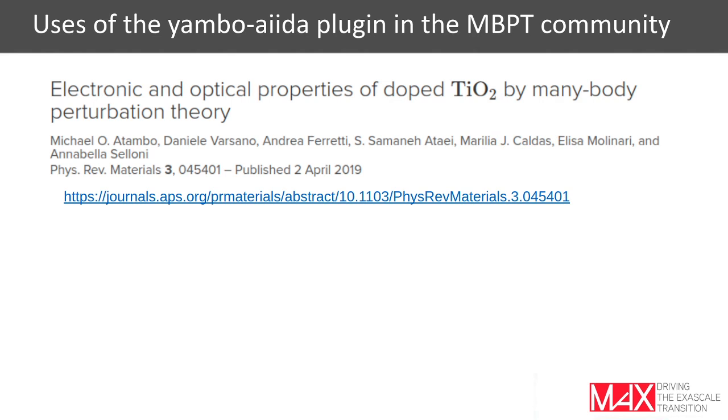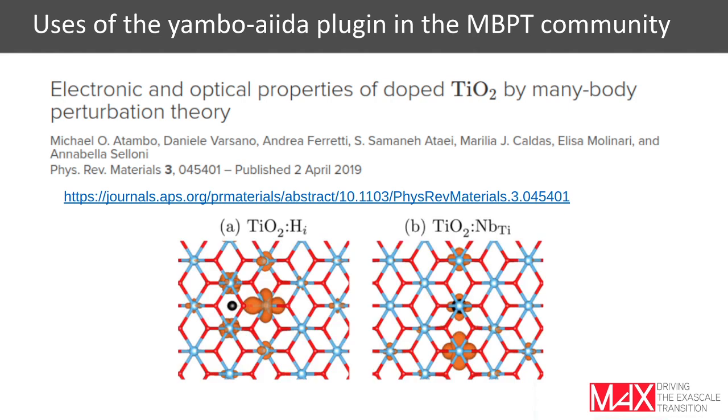The second work that I want to mention is the one of Miki Bonacci and co-workers, mainly from CNR Nano Modena, about the study of the electronic and optical properties of doped titanium dioxide.